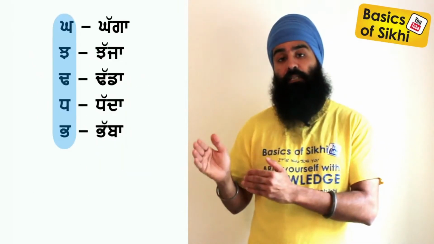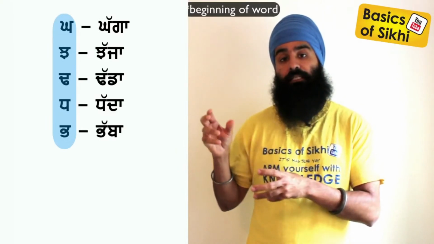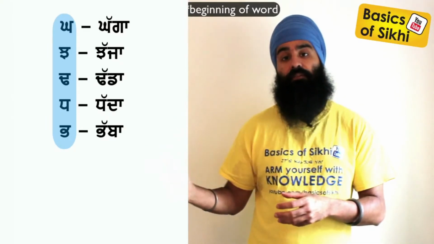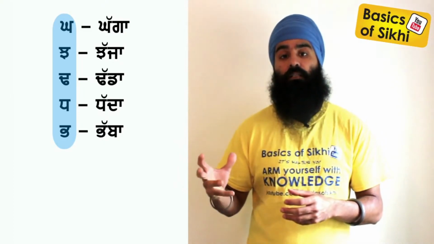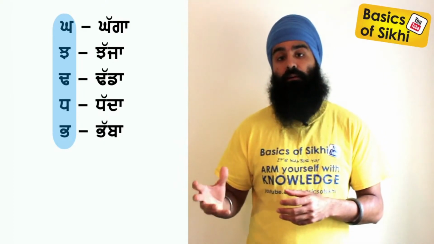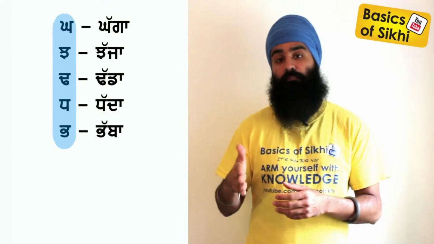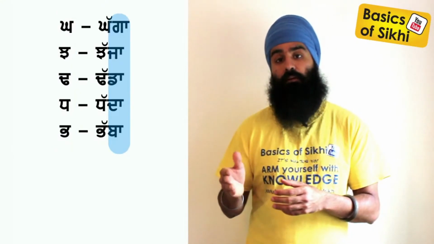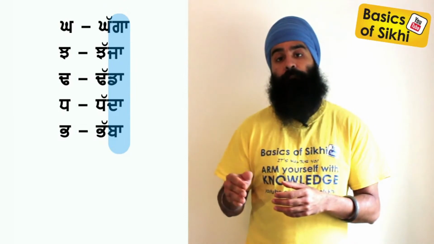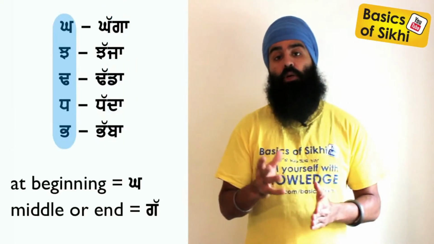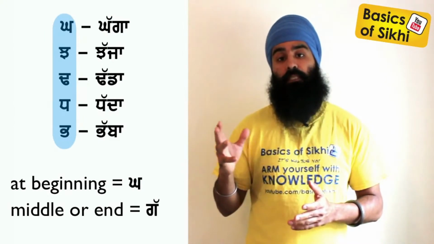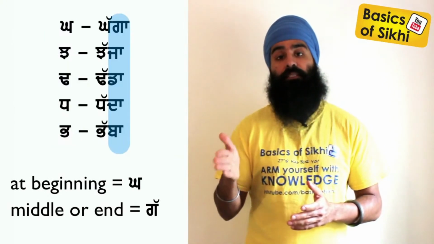If they're at the beginning of a word, then the sound is that letter which is on the left, its own sound, which is like Gagga, Chajja, Tadda, Tadda, Pabba. However, because the second part of their letter is a sound which is a bit different, if they're in the middle of the word or at the end of a word, then you don't pronounce the first sound, you pronounce the second sound.